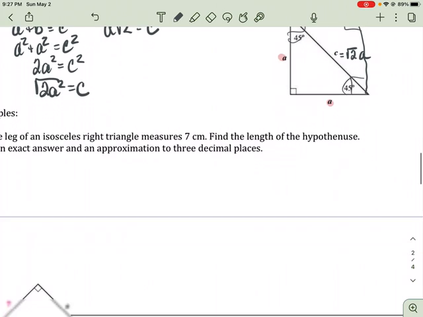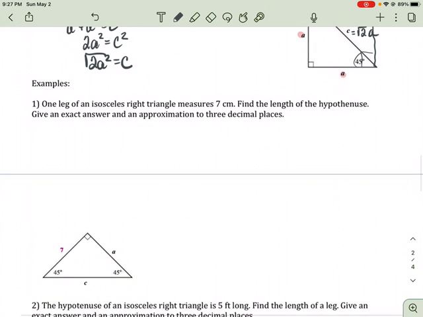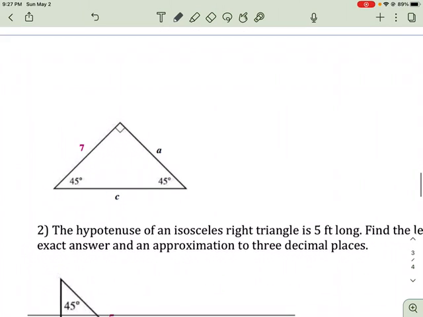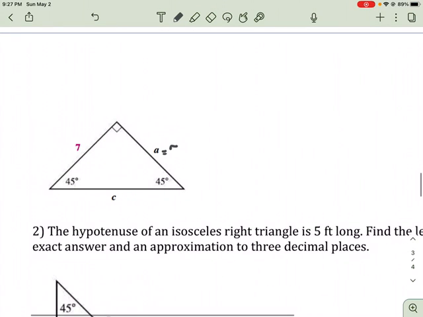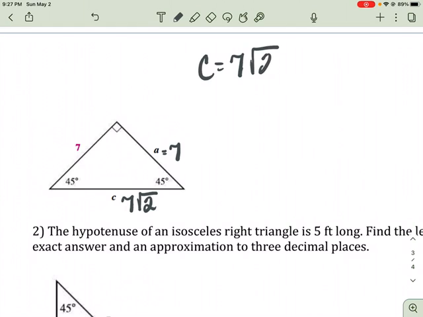So let's see if we can do it without doing the Pythagorean theorem. I apologize. One leg of an isosceles triangle measures 7. Find the length of the hypotenuse and give your answer as exact and approximate decimal. Well, if one leg is 7, this is also 7, which makes this 7 square roots of 2. So C is 7 square roots of 2.